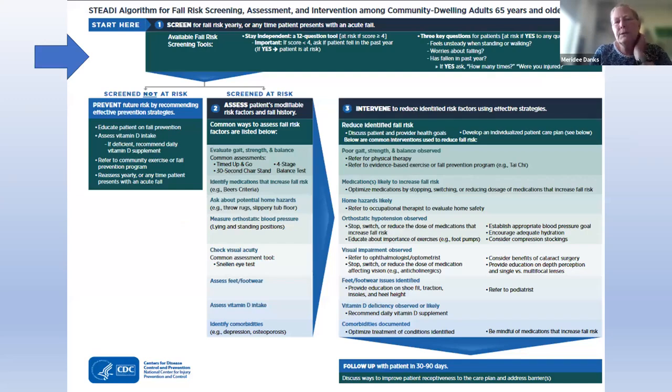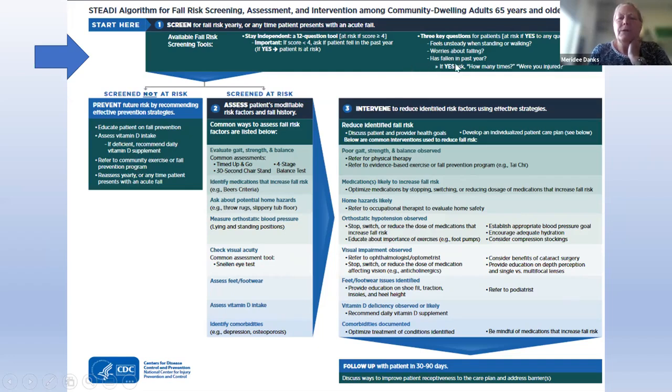So this just shows the STEADY algorithm of fall screening, assessment, and intervention. With the screening tool, if they answer yes to any of these, then you go to screened at risk. If they're not screened at risk, again, like I said, we talked about education, maybe getting them to a community exercise program, and reassessing yearly or more often if you think it's necessary.